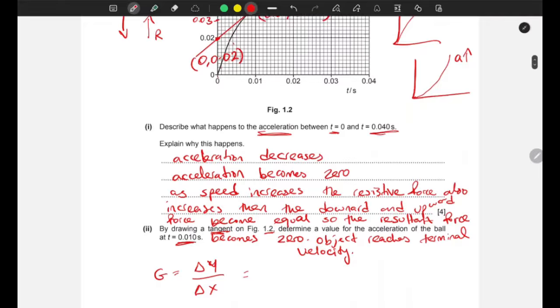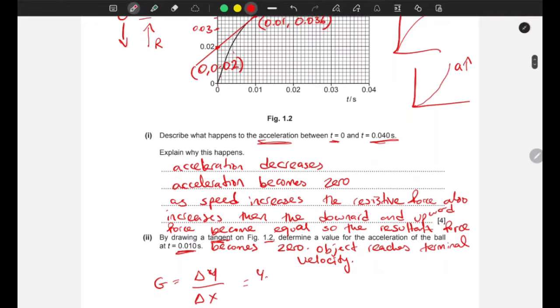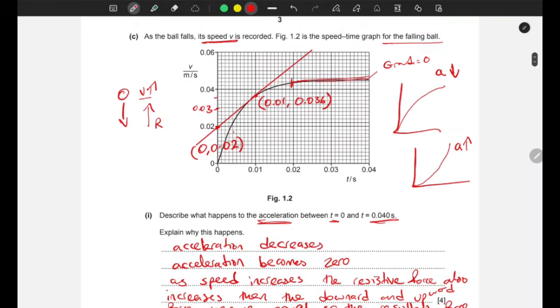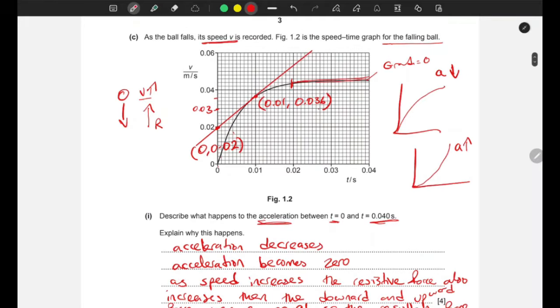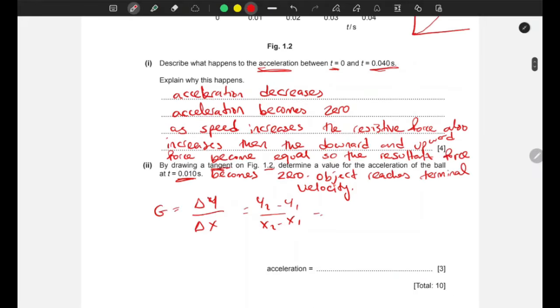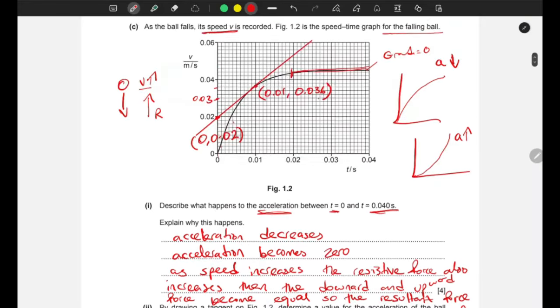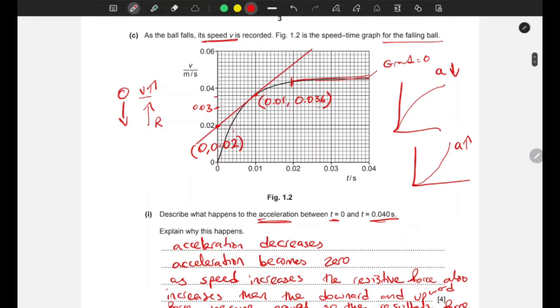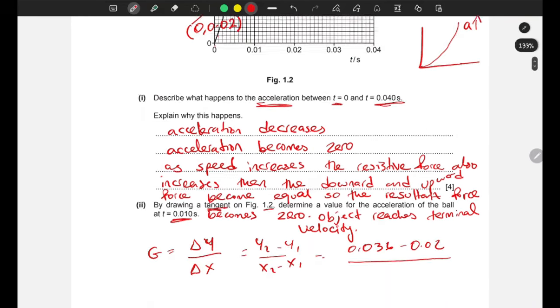So if we take the change in y, which is y2 minus y1 over x2 minus x1, our y2 you can take 0.036 minus 0.02, and that divided by 0.01 minus 0.